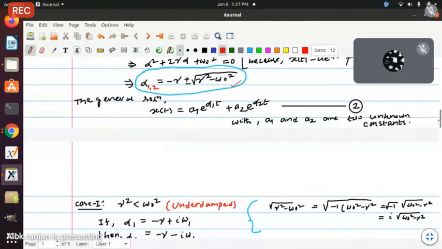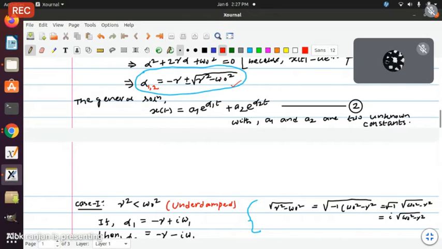Now we can further simplify this equation 2, provided we know the term sitting in the square bracket, that means gamma square minus omega naught square. Is it a negative value? Is it a positive value? Or is it 0?